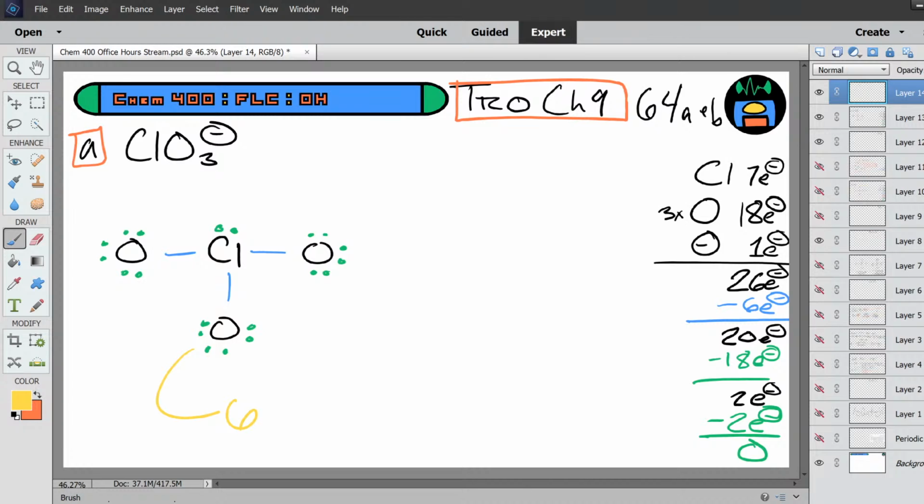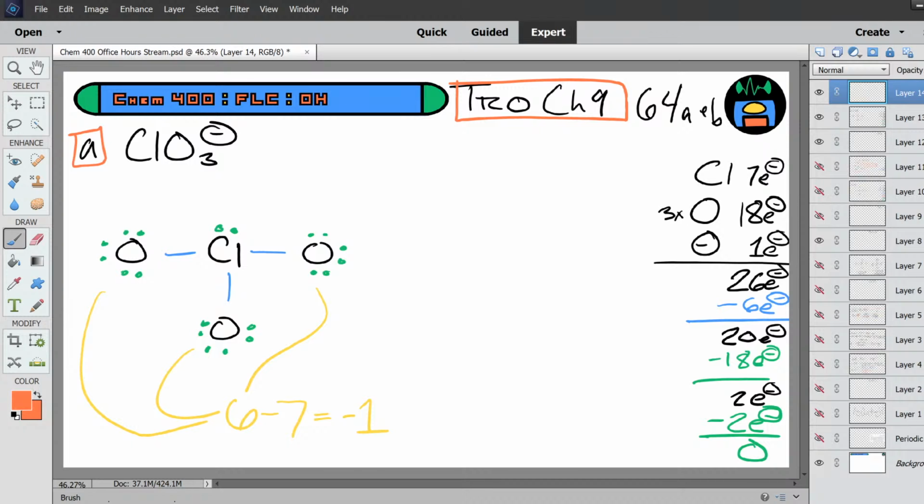In this structure, it has 6 electrons in lone pairs plus 1 bond, so that's 7. 6 minus 7 is -1. And if you look at each of these oxygens, each one has a formal charge of -1.